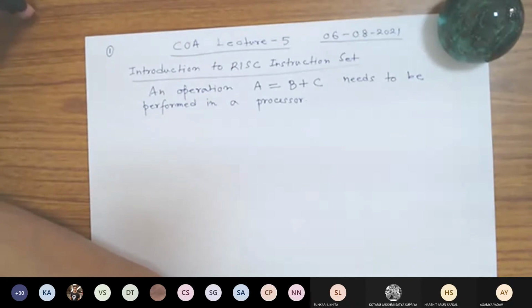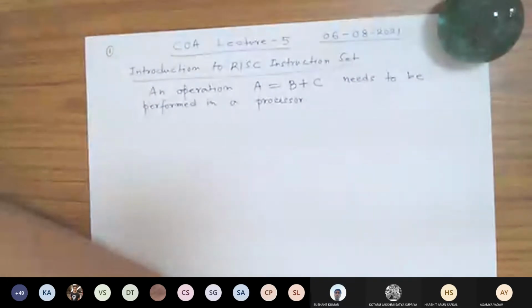When you switch on the processor, we should be able to store B and C and know the location. Right. So when you talk about location, what do you mean by location?